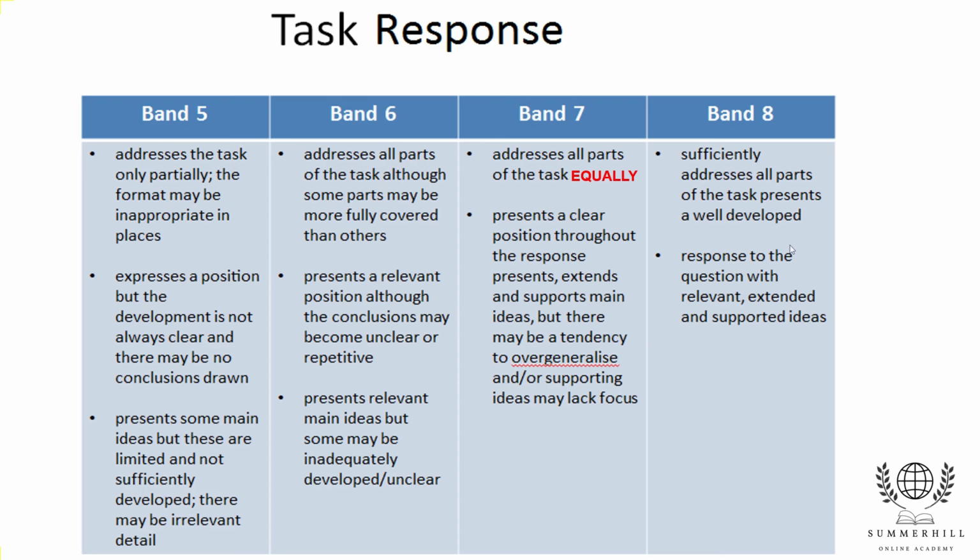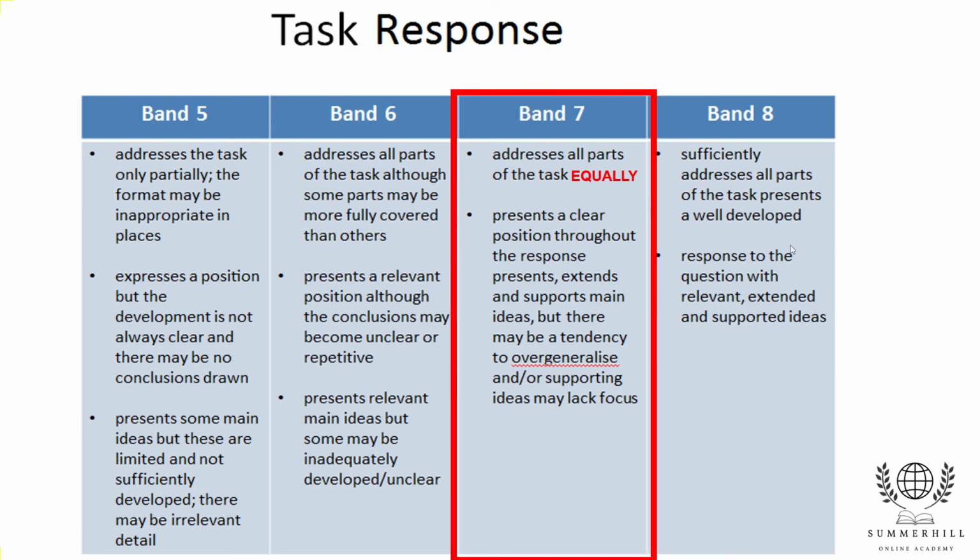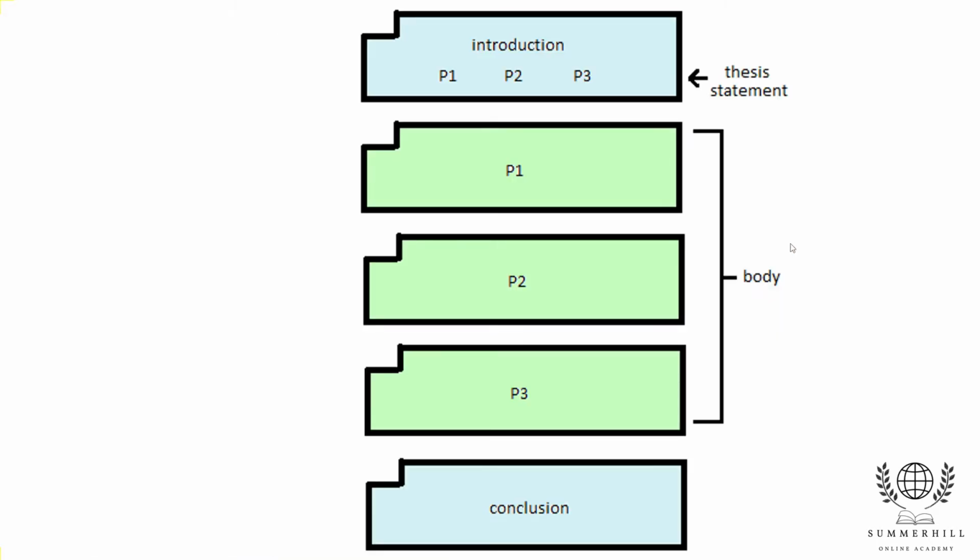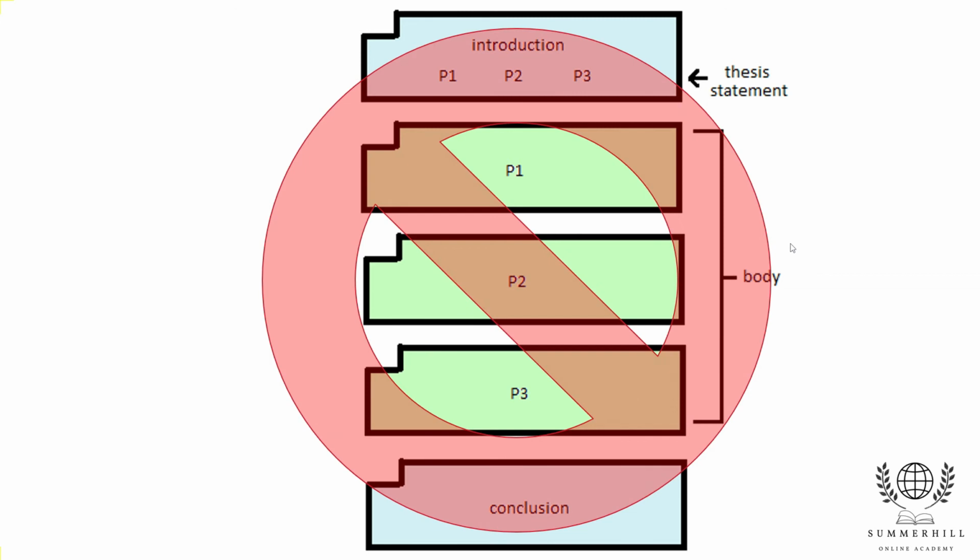As we mentioned before, when we're looking at our task response, specifically for Band 7, we have to address all parts of the task, which are the causes and the solutions, equally. So we wouldn't be able to use this particular type of 3 body paragraph essay in order to get a Band 7 at all.